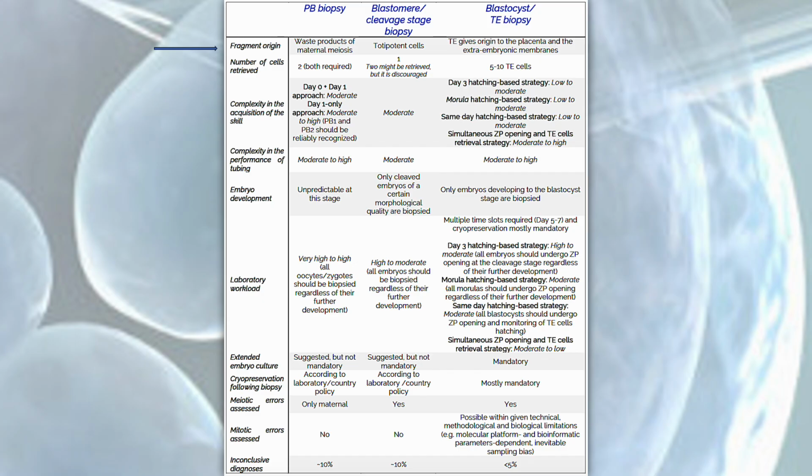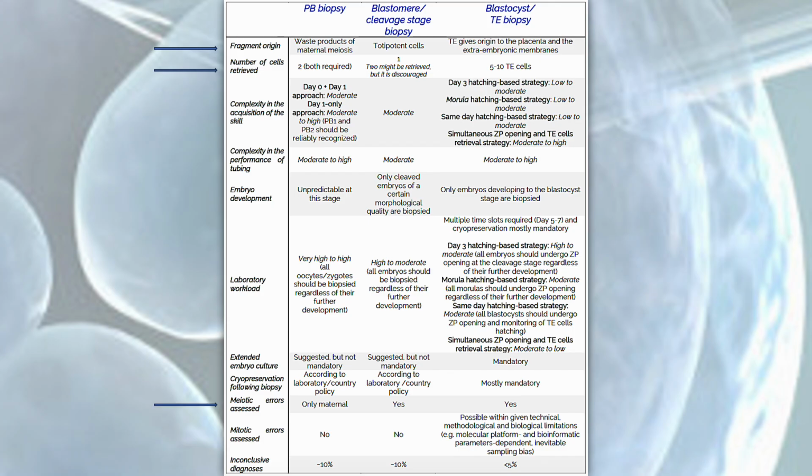So this is the origin of the cells which we are going to biopsy. Number of cells retrieved: in polar body, both are required, while in blastomere only one cell, two might be retrieved but it is discouraged. In blastocyst biopsy, 5 to 10 trophoectoderm cells.